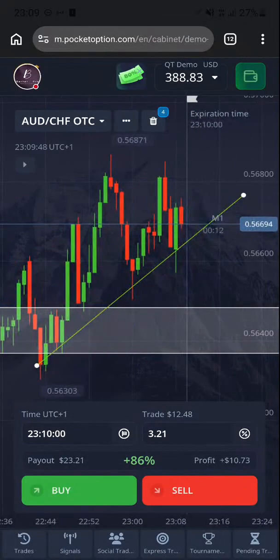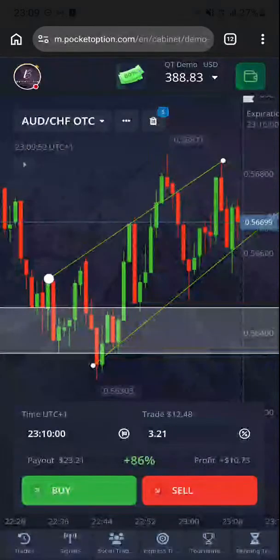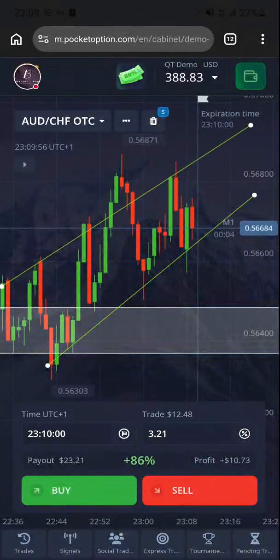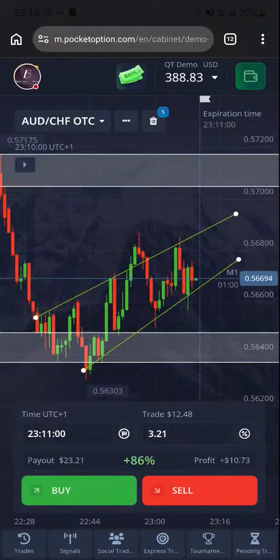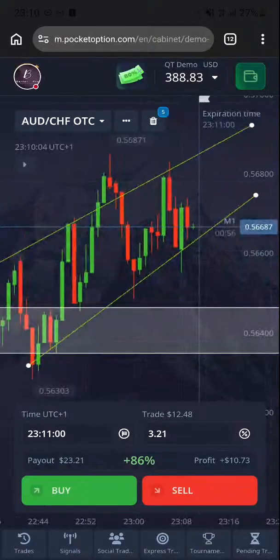So now that we've detected the market's movement to be upside, we're only going to do things that will support the buyers. Why? Because the buyers have more leverage in the market now because the market movement is upwards.